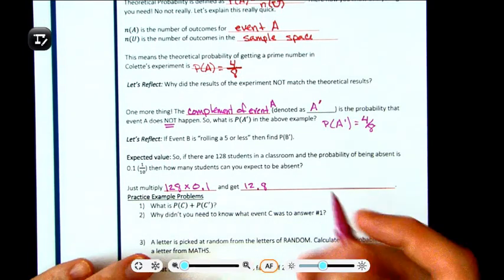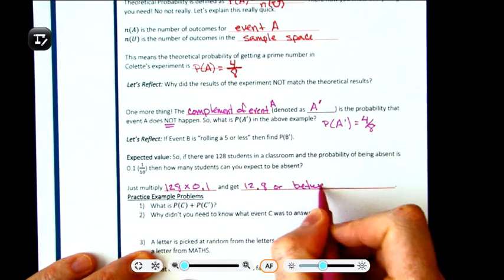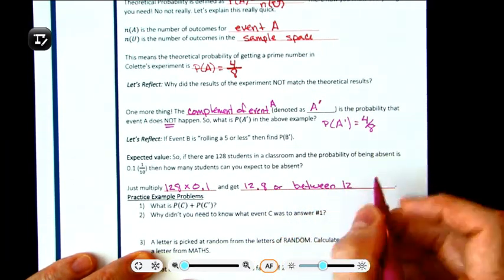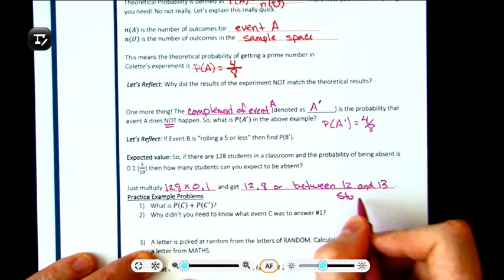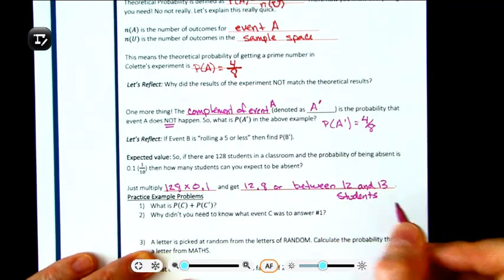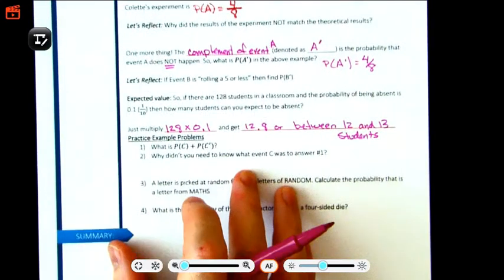But you could also say that between 12 and 13 students can be expected to be absent. So expected value is just that you use the probability to foresee and predict what's going to happen. Does that mean it has to happen? No, absolutely not. We can't predict the future, but we would not be surprised if 12 or 13 students were absent.